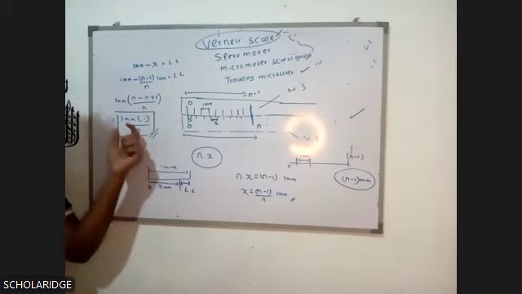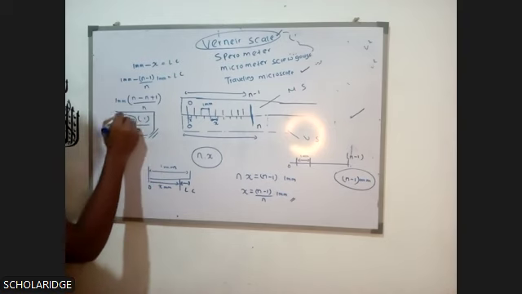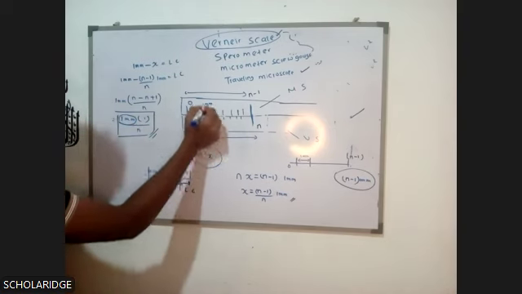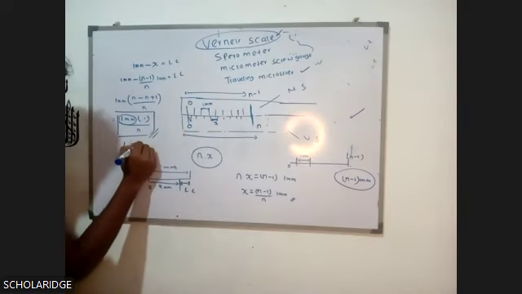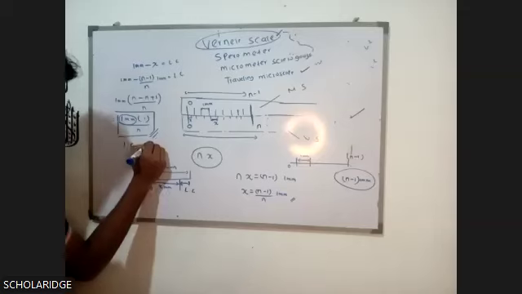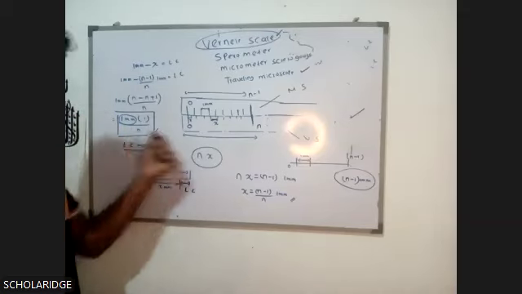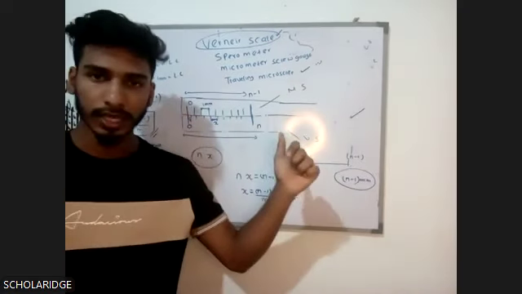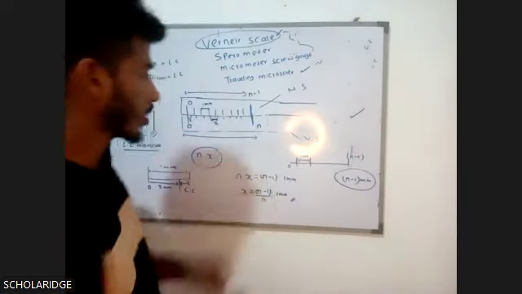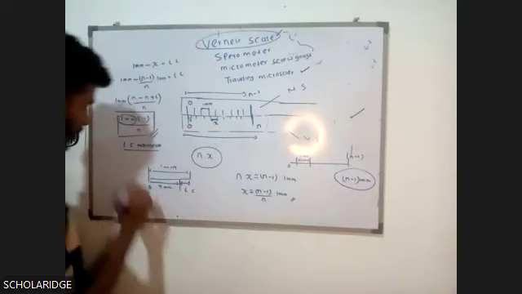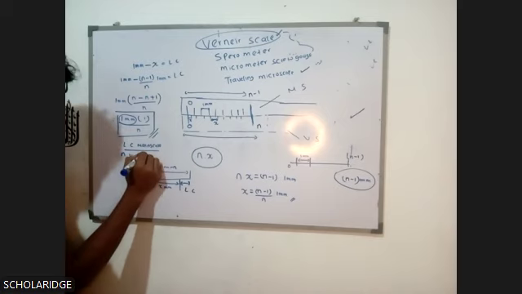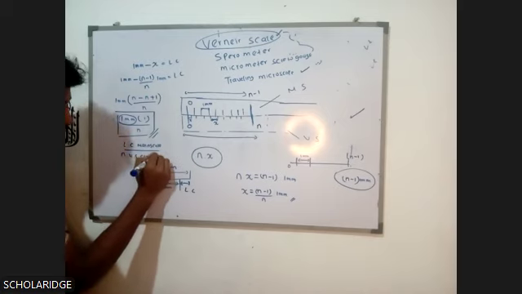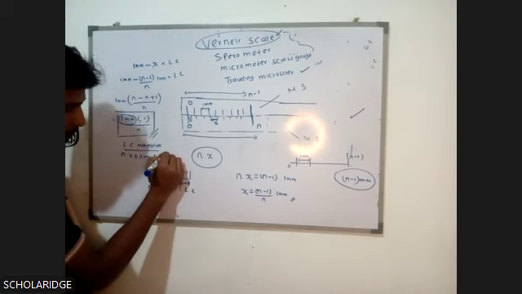Compared with this, 1 millimeter is my least count in the main scale, and n is the number of divisions in the vernier scale coinciding with the main scale.